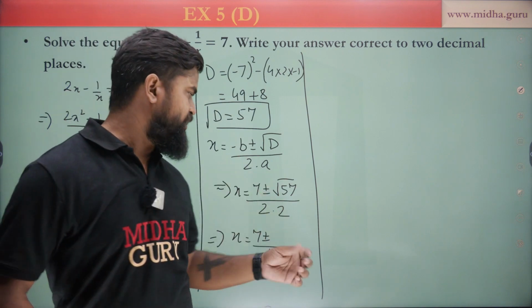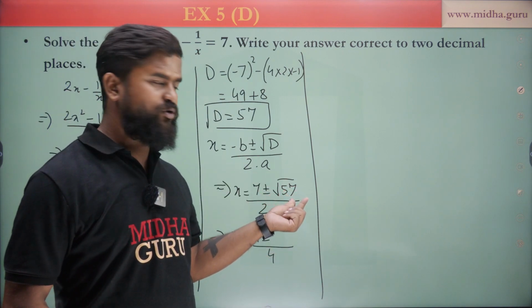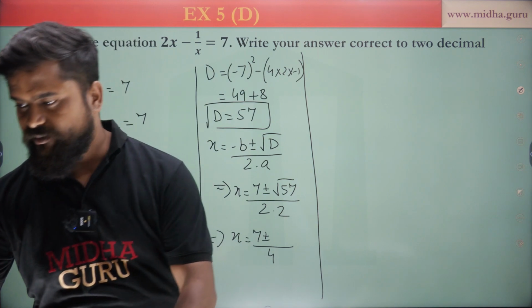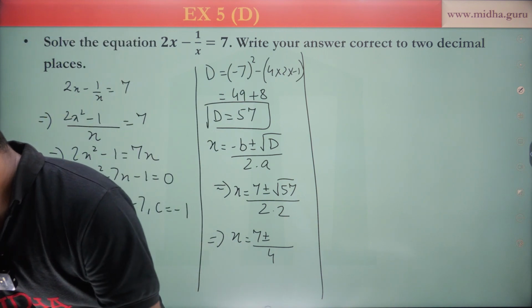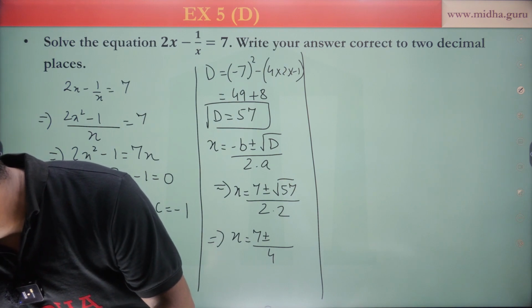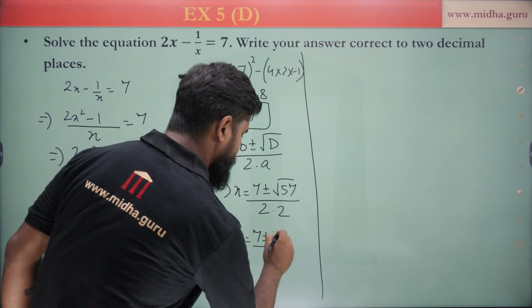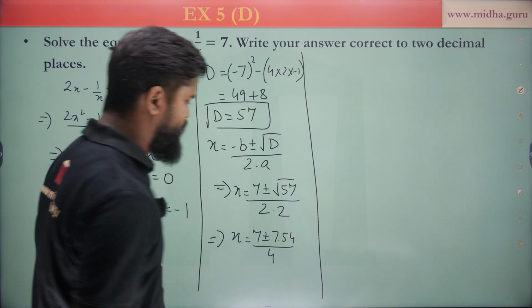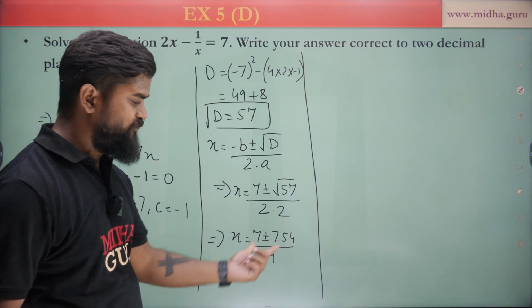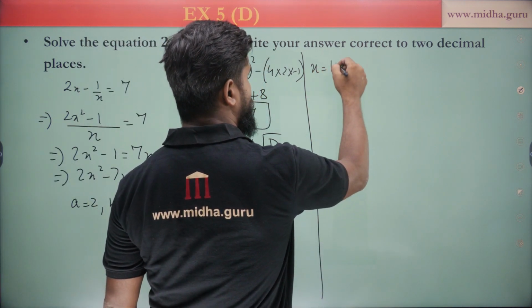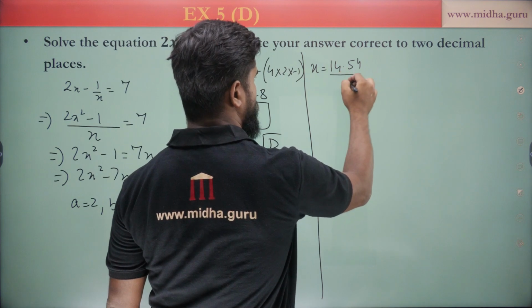So again we don't have a perfect square root for 57, as 57 is not a perfect square. So I go back to my square root tables, I get that the square root of 57 is equal to 7.54. So now x is equal to 7 plus or minus 7.54 divided by 4. So if I take 7 plus 7.54, I get 14.54 by 4.